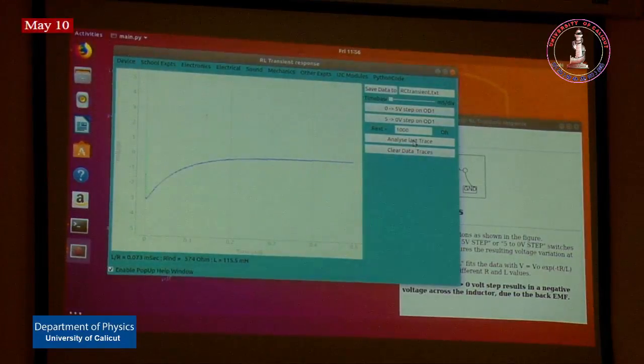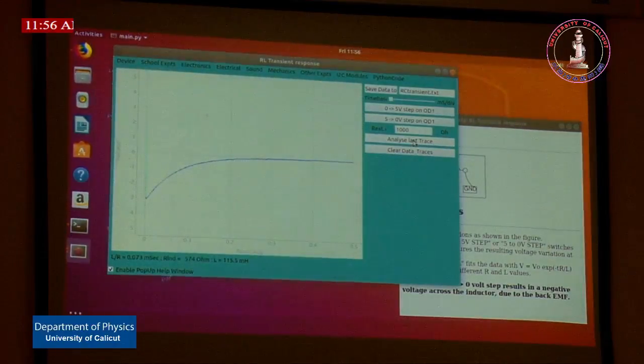Now I am going to put two of them in series. One is there and another one is connected. Maybe I have to put a clip or something here, join it together. Now if I repeat the thing, what will be the inductance?